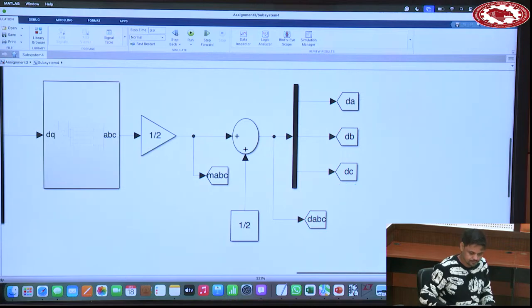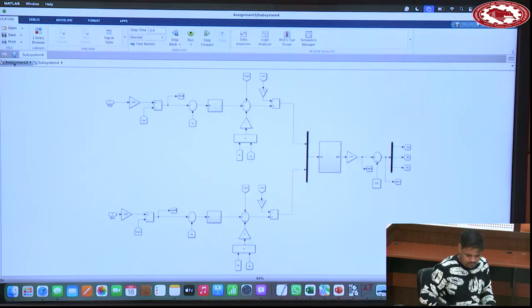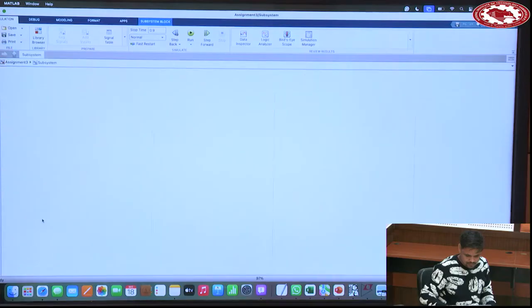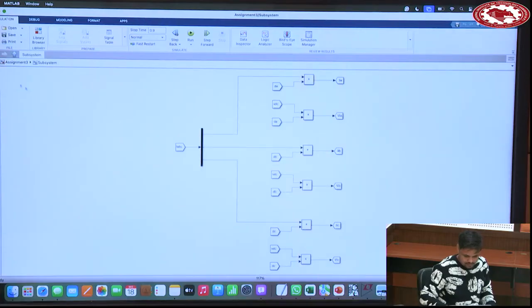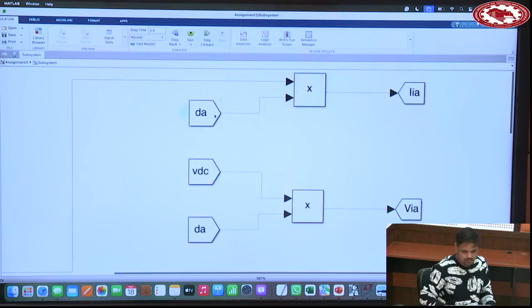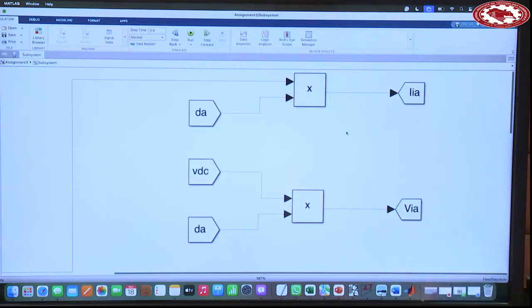Okay. Now for phase A, what is the current control source? Current controlled current source, right?